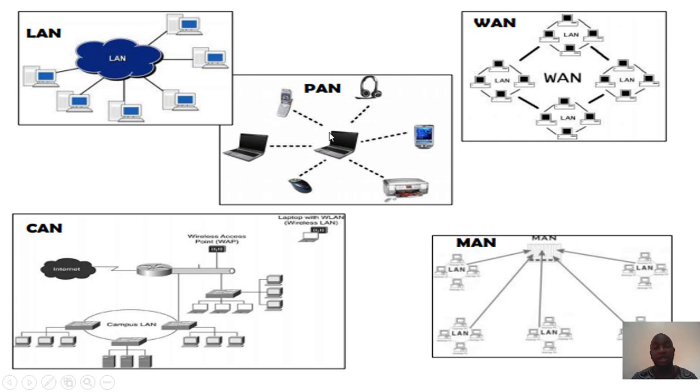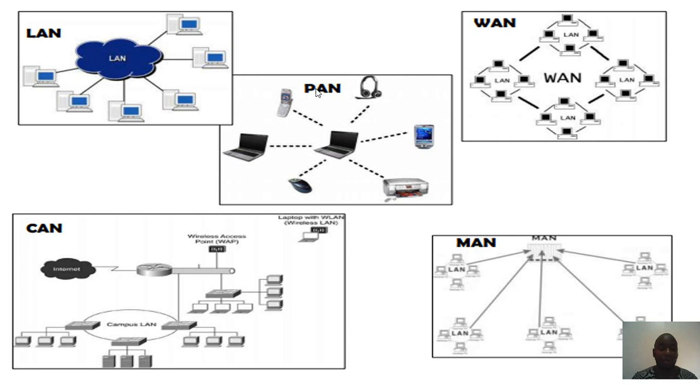The next one is personal area network. Sometimes when you're connecting to your laptop via your phone, they're just within a few meters away. That's called a personal area network. Another very common one, and people don't realize that it's a personal area network, is when you're using your remote control, switching on or controlling your television.